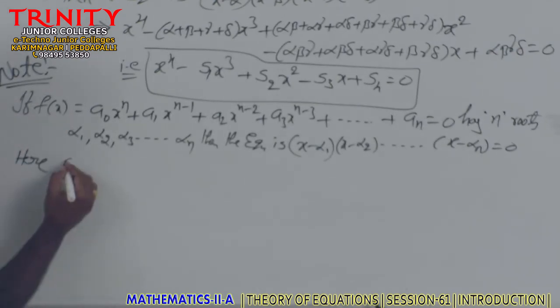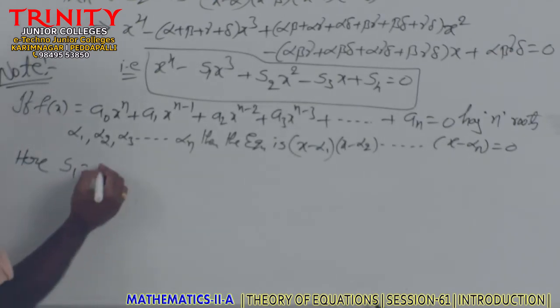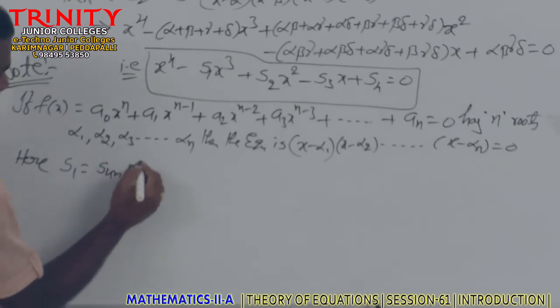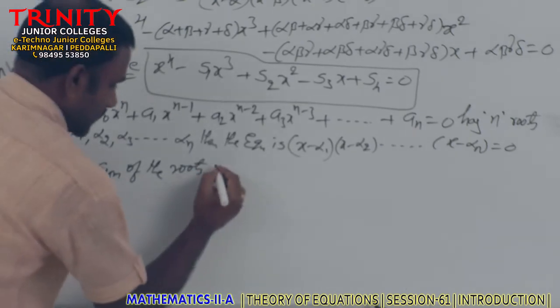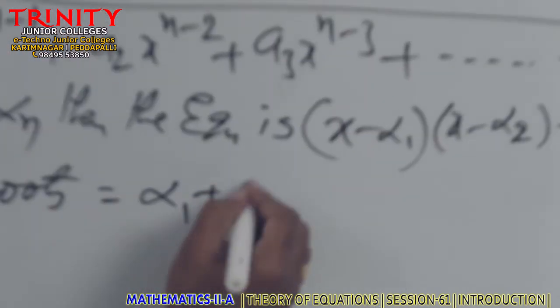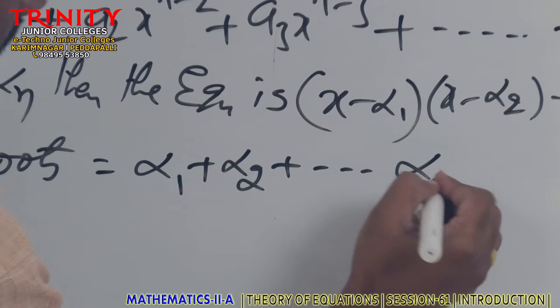Here s1, the sum of the roots, is equal to alpha 1 plus alpha 2 plus so on plus alpha n.